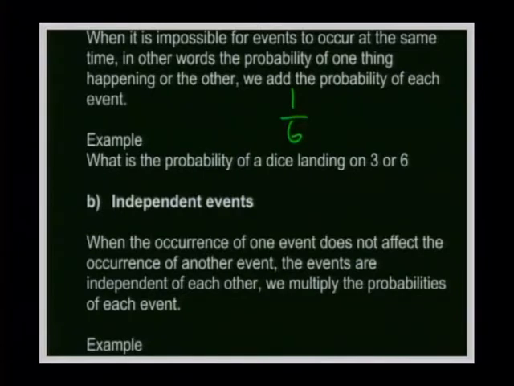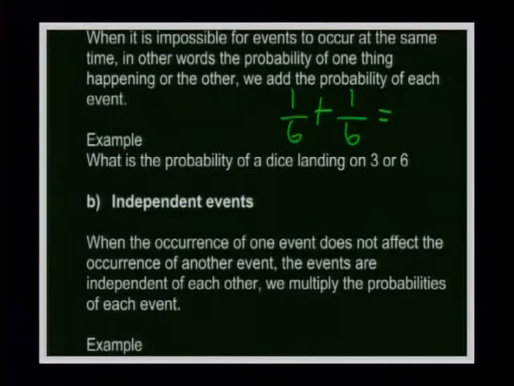And then the probability of it landing on a 6 is still 1 out of 6. But now these events can't occur at the same time, so I need to add them. It's either a 3 or a 6, and we end up with the fraction of 2 out of 6, which again you can simplify, but you don't have to.